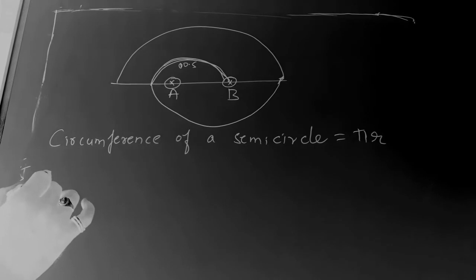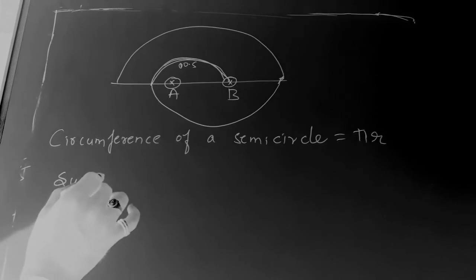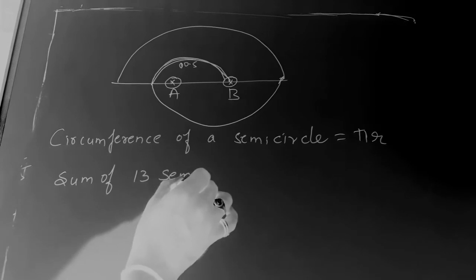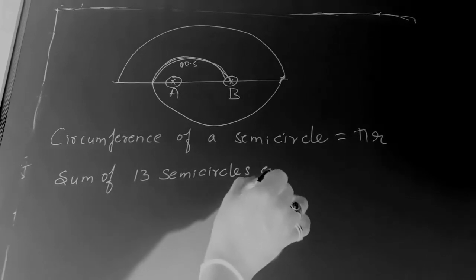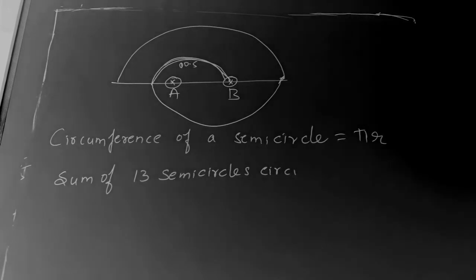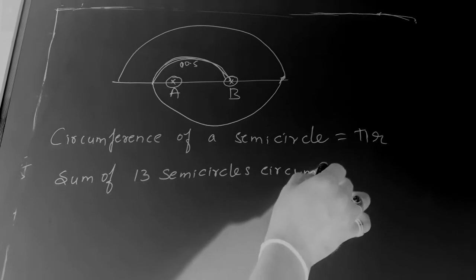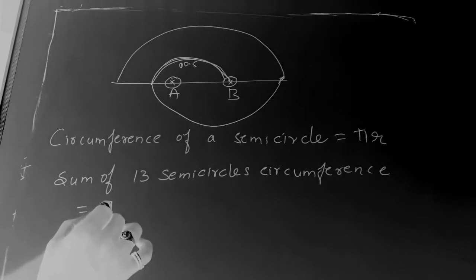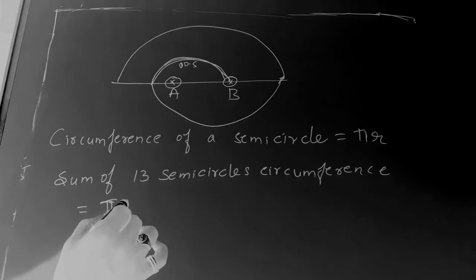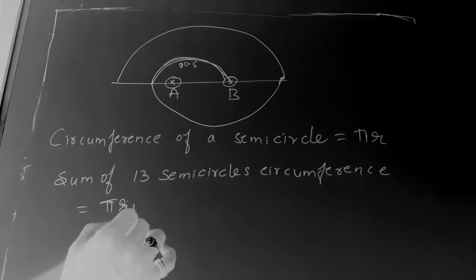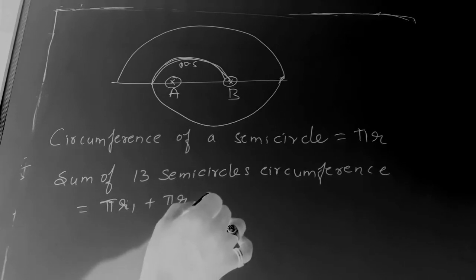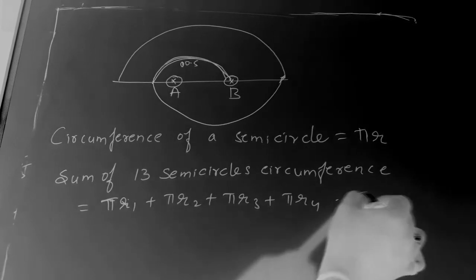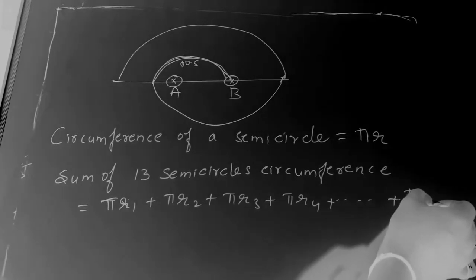So the sum of the circumferences of 13 semicircles is equal to pi r1 plus pi r2 plus pi r3 plus pi r4 and so on up to 13 semicircles, pi r13.